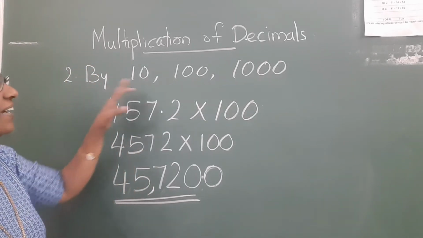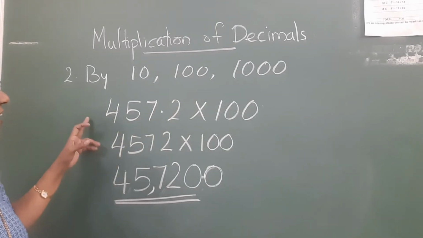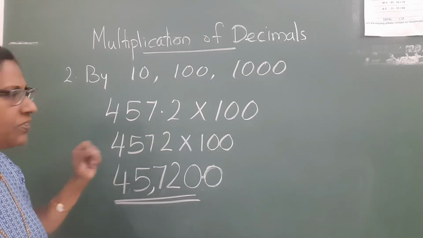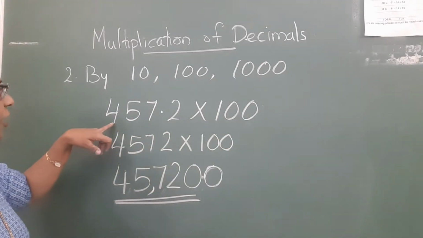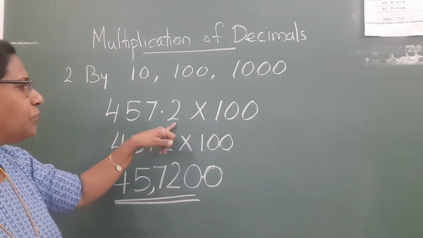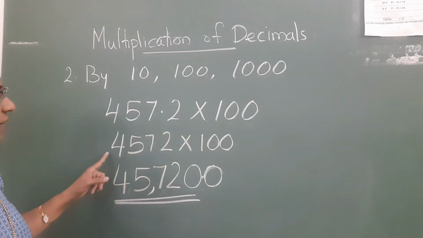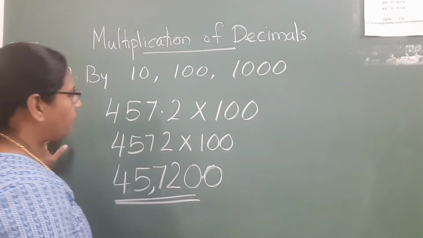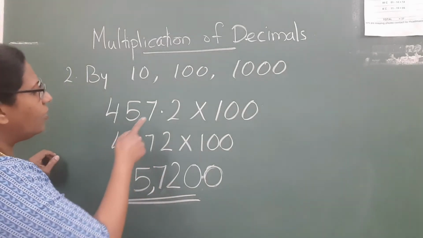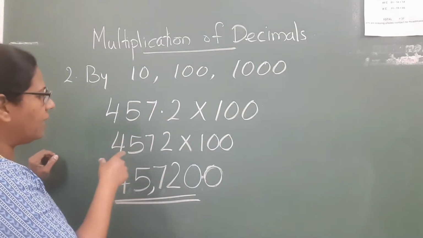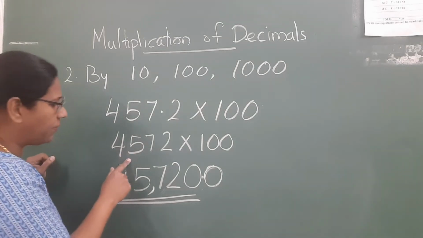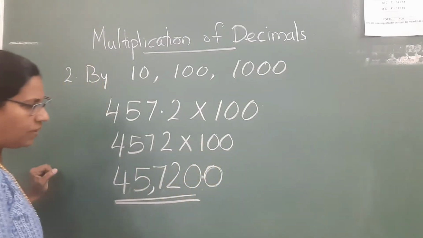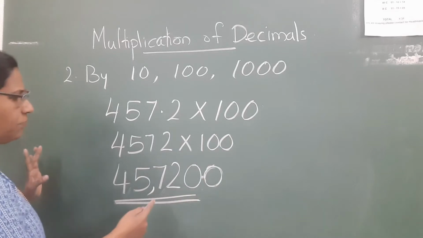Multiplication of decimals by 100. Here I have taken the example 457.2 into 100. Instead of writing and multiplying, in short, first we ignore the decimal and write the number, that is 4572 into 100. Now we are not going to do multiplication.